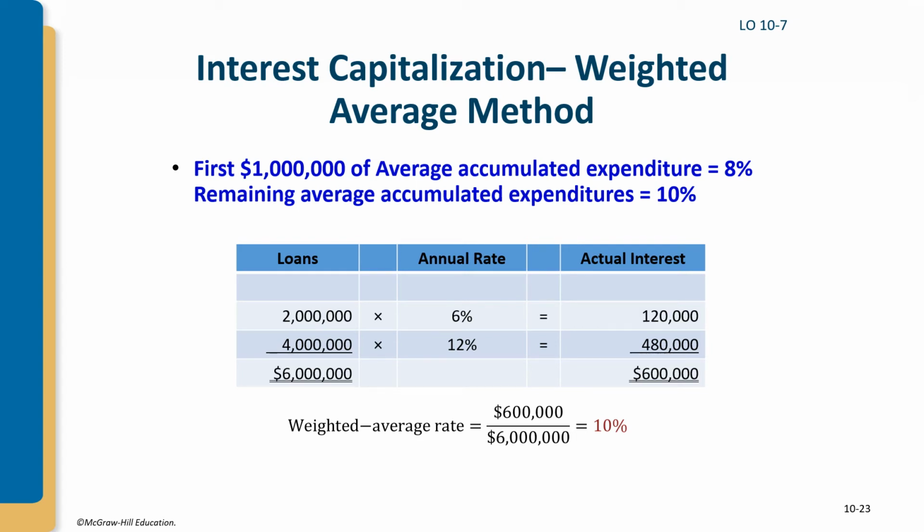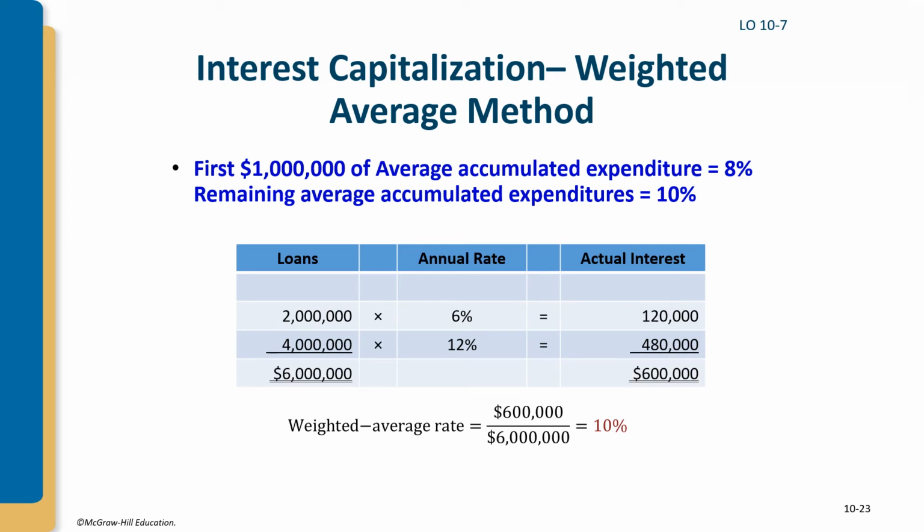Another way to calculate interest is kind of along the lines of what we just saw before in the first year. It says this: if you have a specific borrowing, your weighted average accumulated expenditures to the extent of that specific borrowing. Remember, they borrowed $1 million to construct the project.